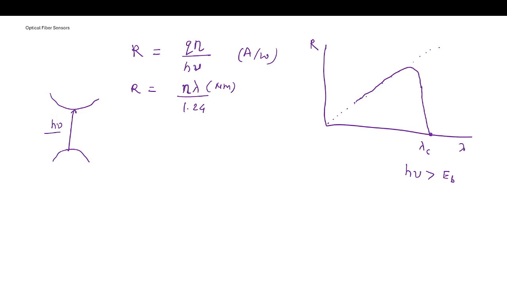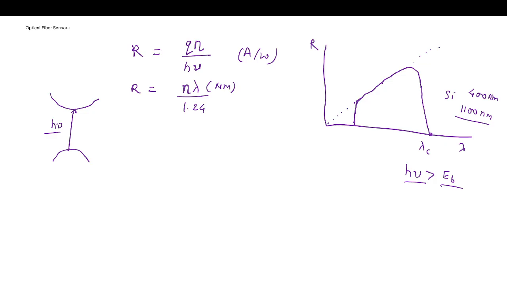But why is it not responding after some value in the shorter wavelength? Suppose for silicon, as I mentioned previously, it can go from 400 nanometer to 1100 nanometer effectively. Now you can understand that at 1100 nanometer, the photon energy is too low compared to the band gap.